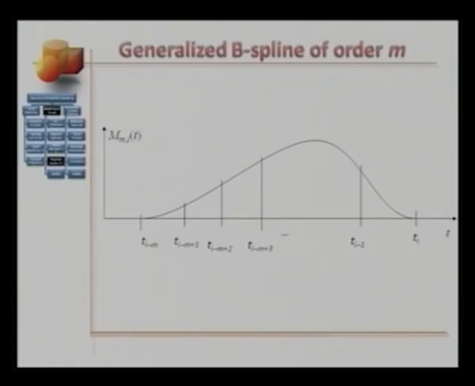You might want to do this exercise a few times to fix this geometric method of sketching a B-spline basis function of order m. Once you are comfortable with this, it will be a lot easier for us to understand the material covered in subsequent lectures. Maybe I'll do a few examples for you on the board.